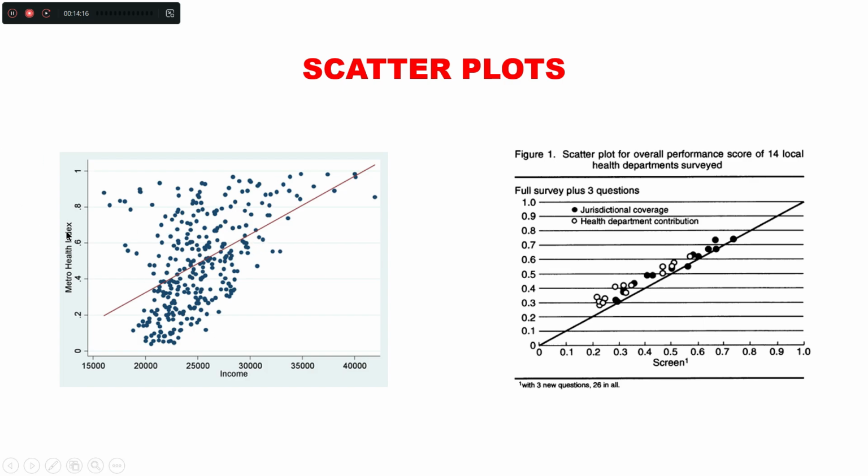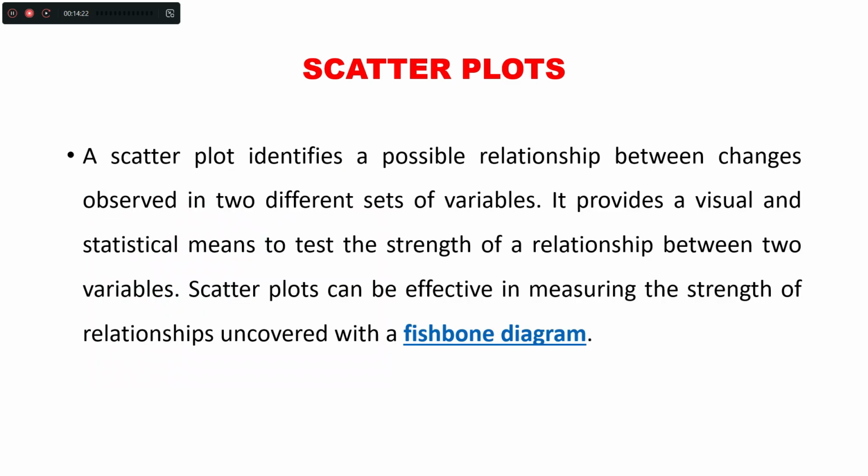It is mainly used to find out the correlation between two different variables. So a scatter plot identifies a possible relationship between the changes in two different sets of variables. It provides a visual and statistical means to test the strength of a relationship between two variables.